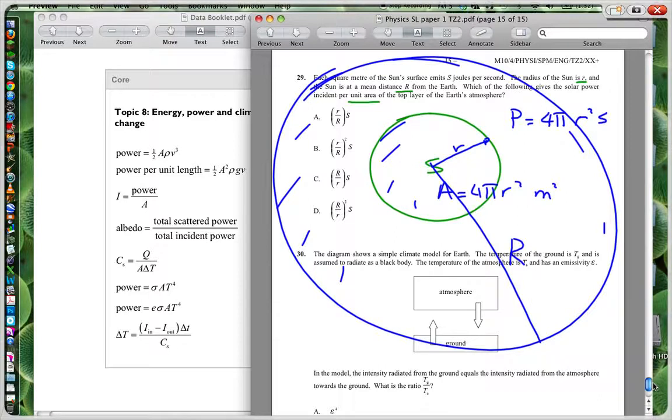So what is that total surface area? Well, we'd have to divide this by 4 pi R squared, this is the total power that's emitted, and this is the total surface area that it's going onto. So obviously those will cancel. We can simplify this down, and we would see that B looks like a good solution for 29, because here we would see that it's r squared over R squared S. So we're going to have B.